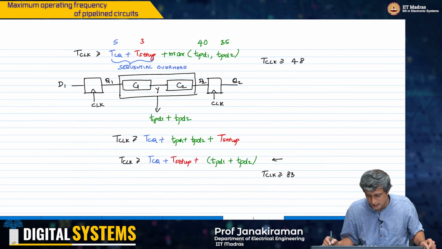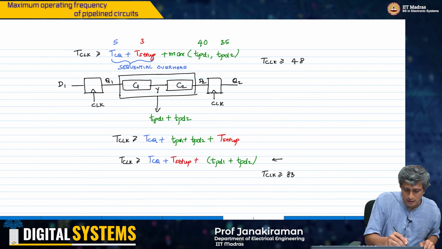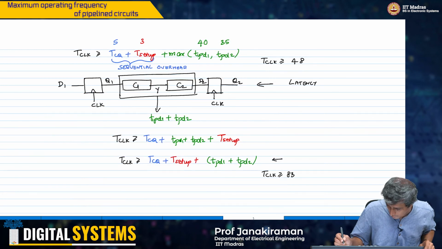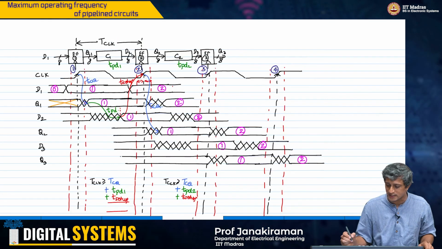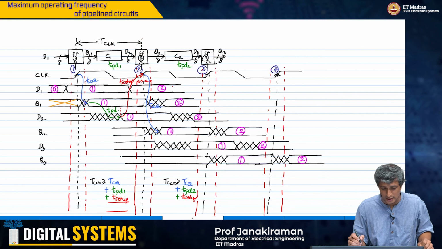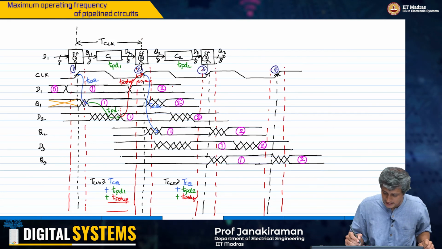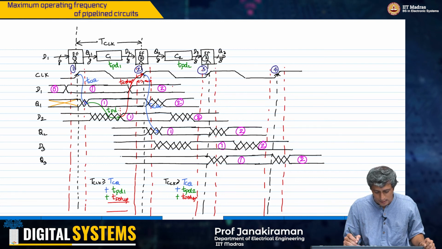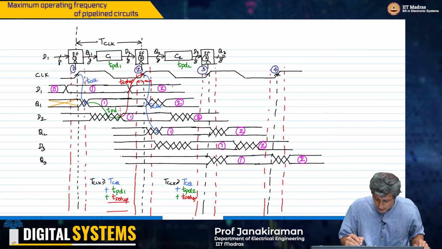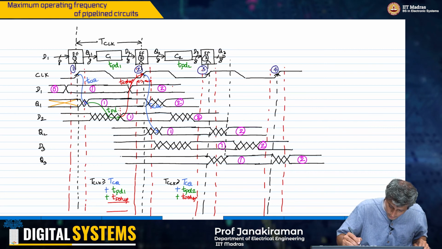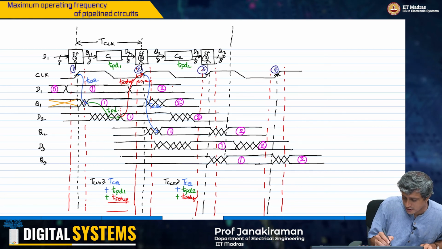So you will see, for example, what is the latency in this system, and what is the latency in this system. The latency here is from this clock edge when the data comes in to the time when Q3 has the output stabilized and ready.